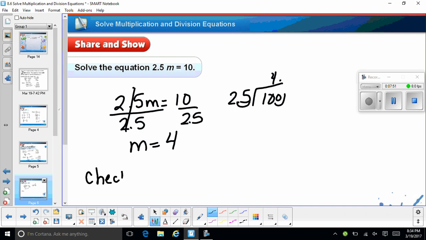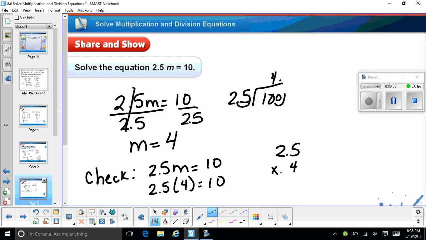Go ahead and do our check. Off to the side, I'm going to do my work. Move my decimal over once. 10 equals 10.